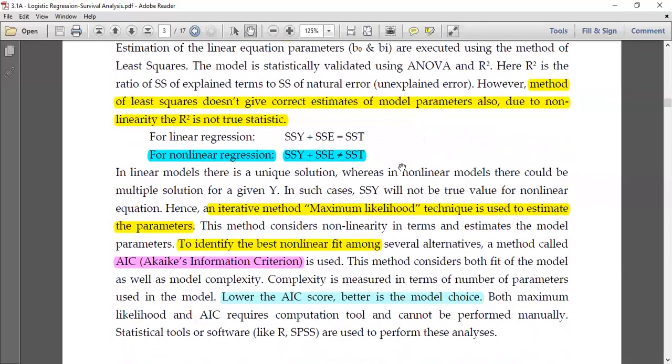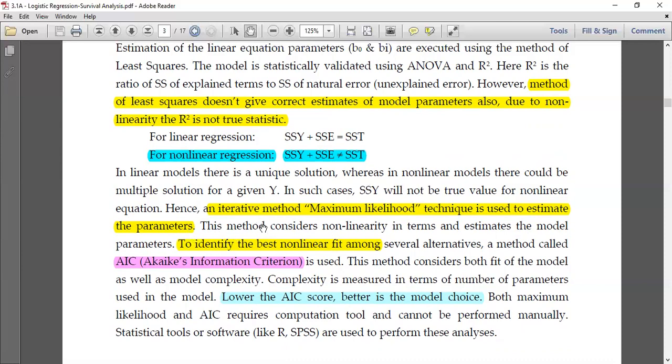Hence what we do is use something called the maximum likelihood method. What it does is fit the output to the input with an iterative procedure. Then it assumes a particular error and checks whether that error is met or not.